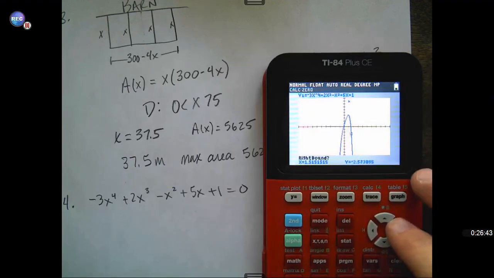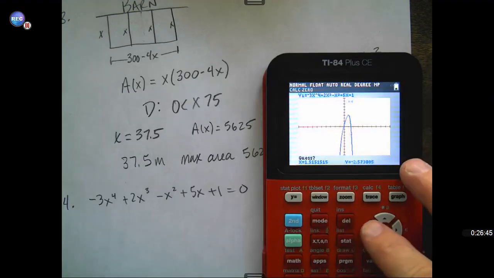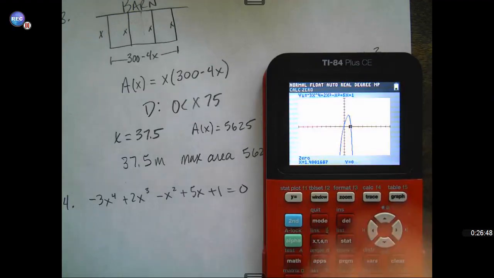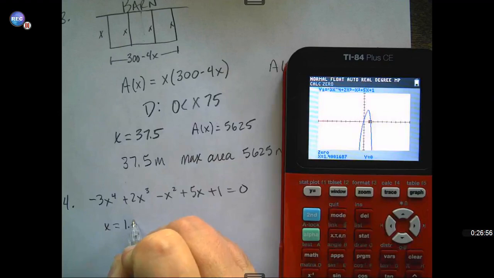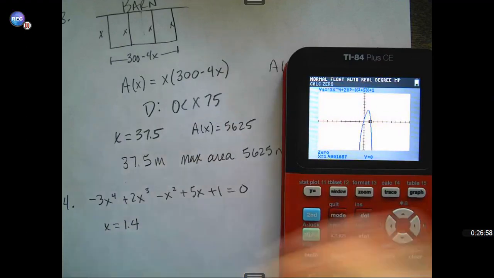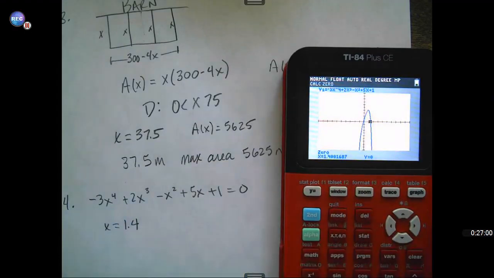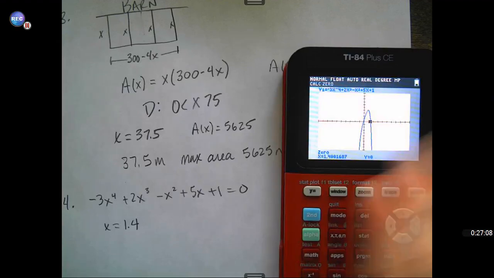My right bound is going to be below the axis. And then I have to tell it what I want. And my answer is x equals 1.400 something. So 1.4 would be the answer. So we're supposed to find the smallest positive root, and that would be it.